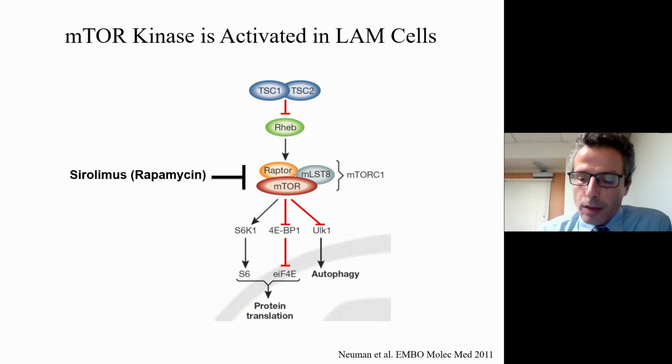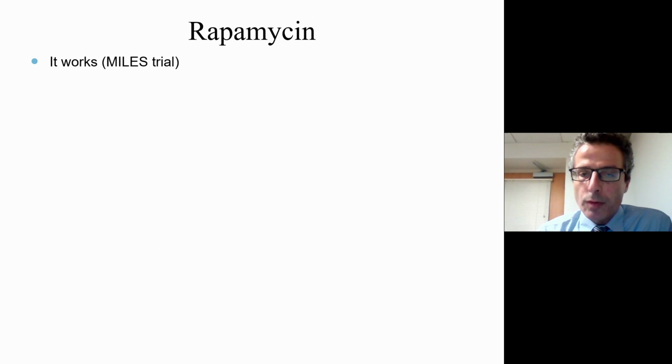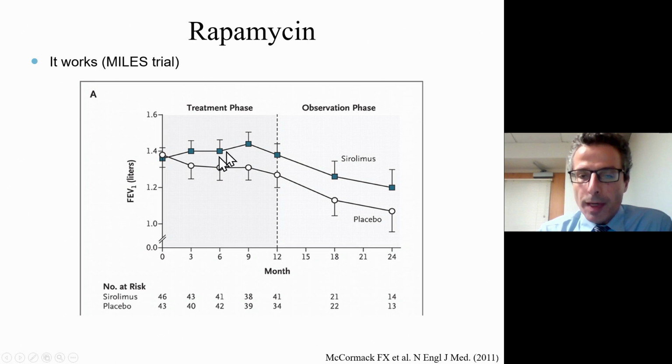So there was a clinical trial that randomized women with LAM to either rapamycin, on the top here, or to placebo. And as you can see, women who received rapamycin had stable lung function compared to those who received placebo and had a decline in lung function. Once the drug was stopped, both groups, those who were on sirolimus and those on placebo, continued to decline.